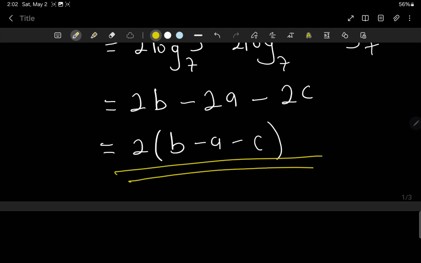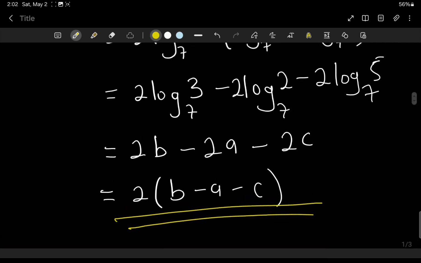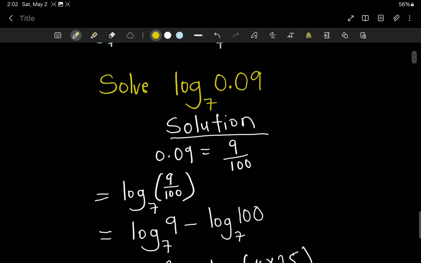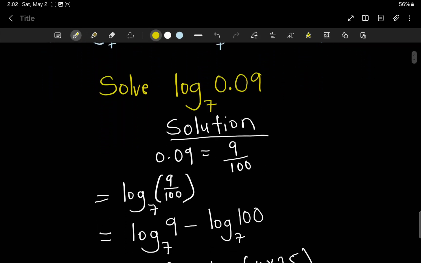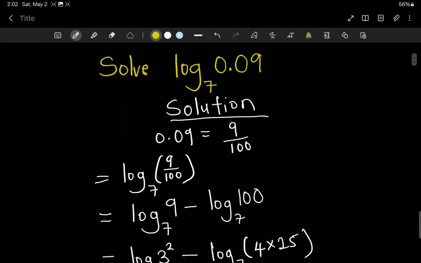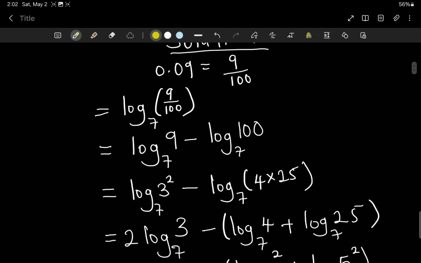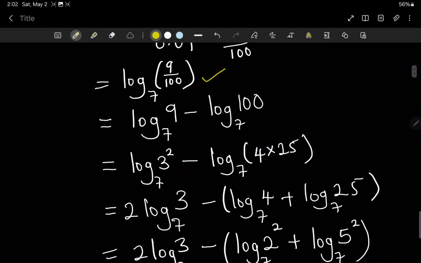Please pause the video for about a minute or two and try to solve it yourself and see whether you can understand it. Okay, so let me take you through lightly again for you to understand. So we changed the 0.09 to 9 out of 100. We inserted it into the equation to make it simple for us, and then we used the rule for division, which means that we can subtract in log.